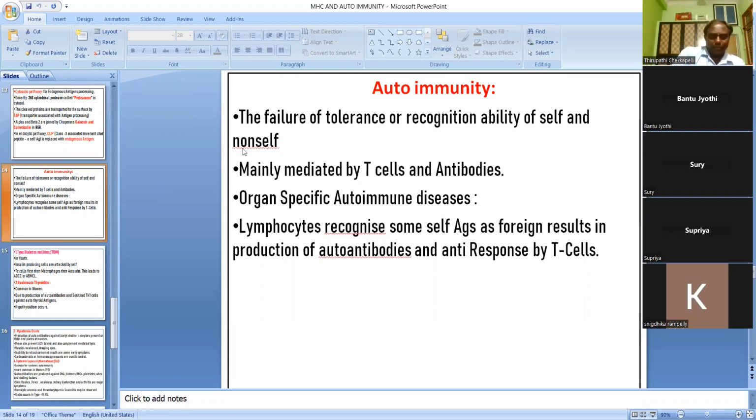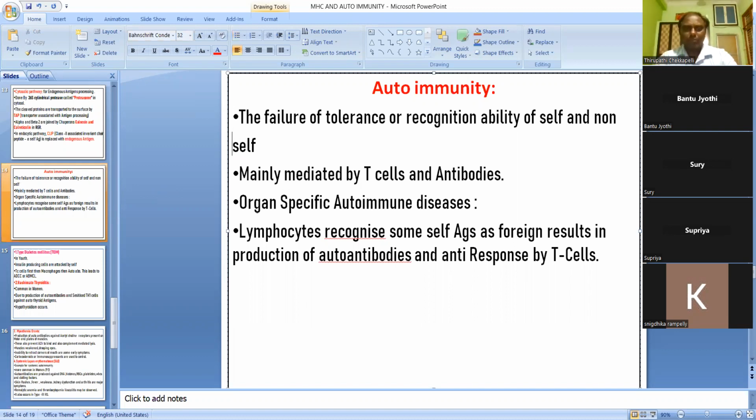So autoimmunity. Here, immunity is a system that protects ourselves from various diseases or various pathogenic organisms. Sometimes, in some instances, our own immune system cannot identify our own antigens.